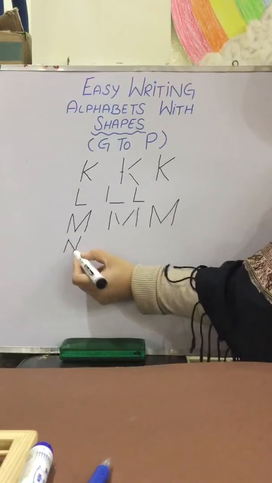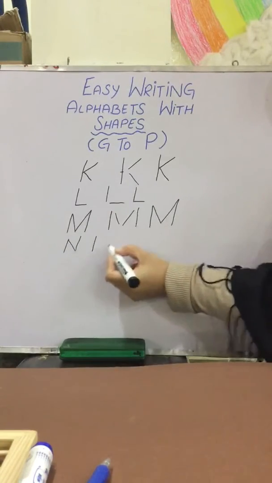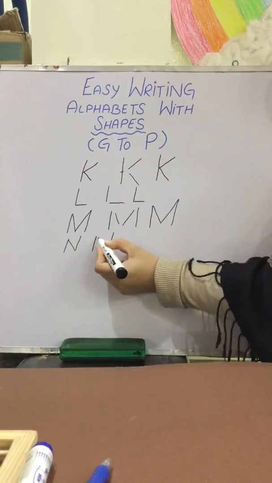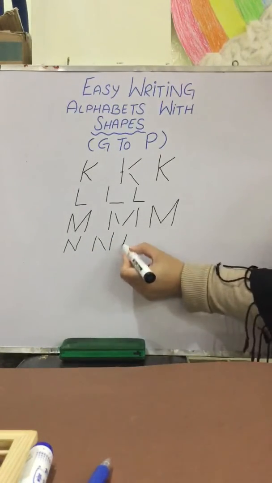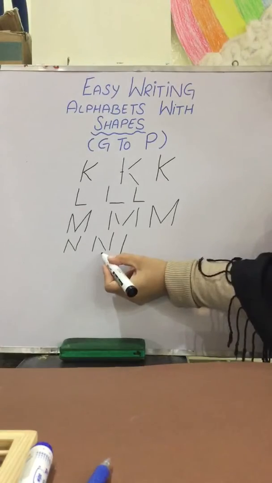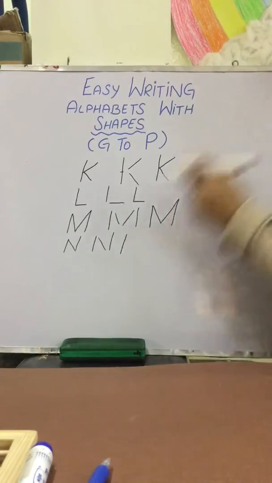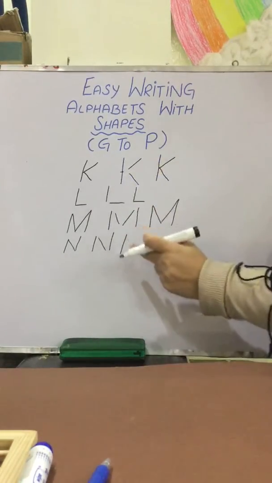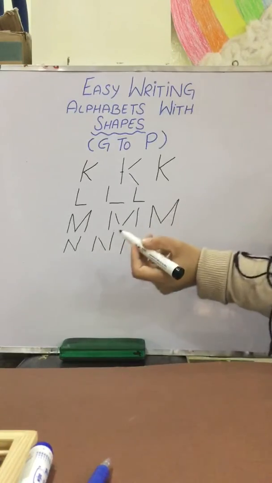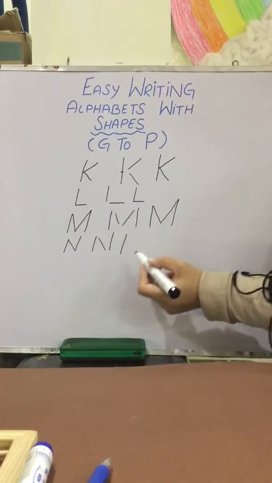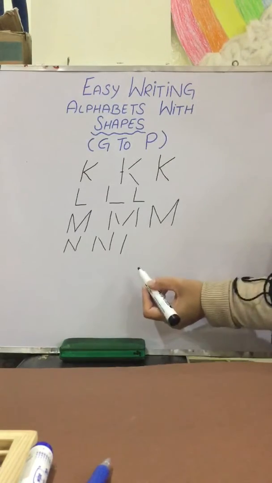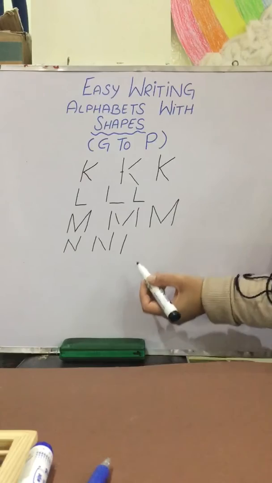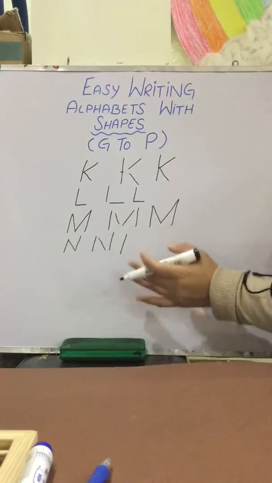Then there's N. Look at N. One vertical line, another vertical line, and a slanting line. We make these patterns printed, and we give only patterns to the kid, and by looking at the picture they join the points. In the very initial stages, when the kid comes to the Montessori, we give them only patterns.